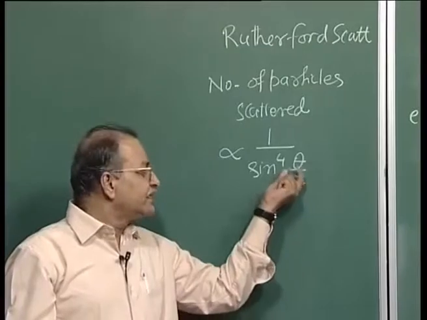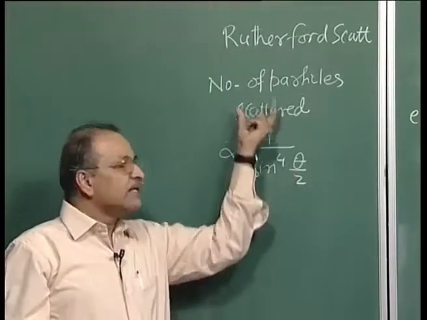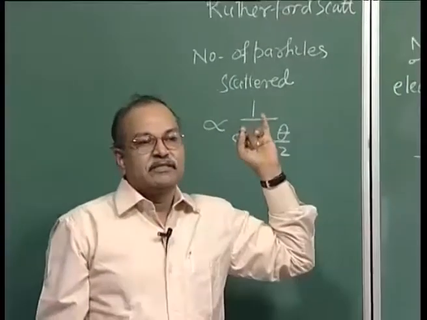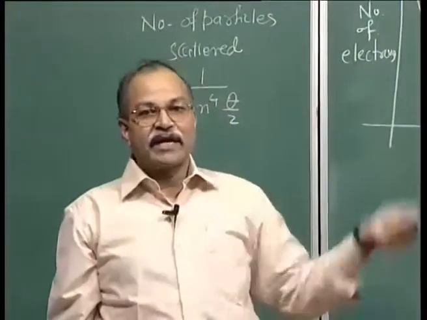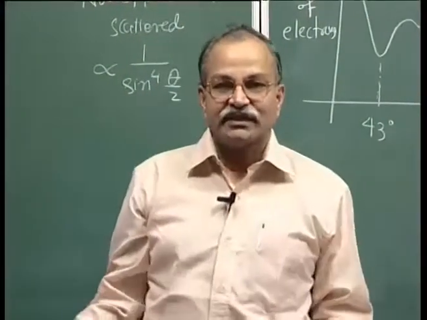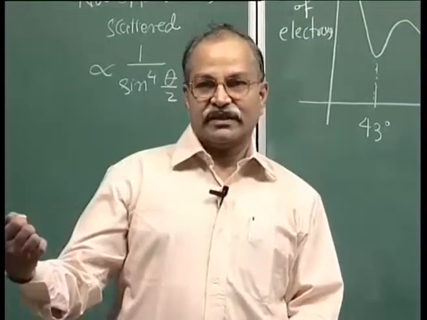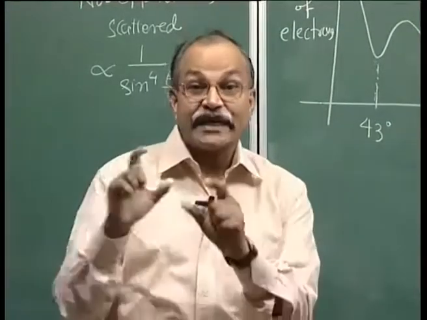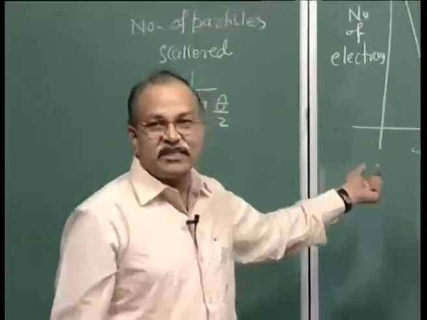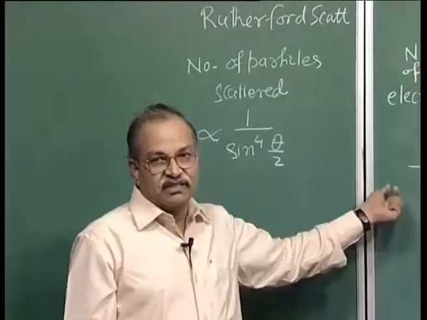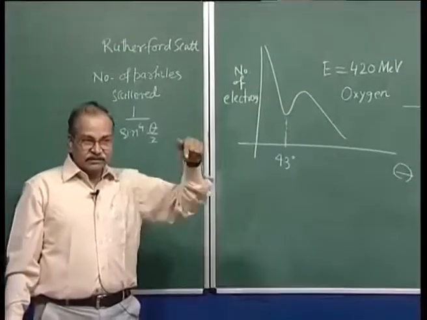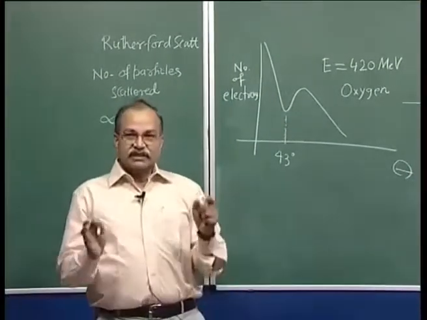So as theta increases, this increases and the number decreases. Of course, this is not the formula to be applied as such, because these electrons are going with relativistic speeds. The kinetic energy is much larger than their rest mass energy. So there will be some correction because of relativistic effects, but by and large the theta dependence will be something of this sort. So in general it will decrease.